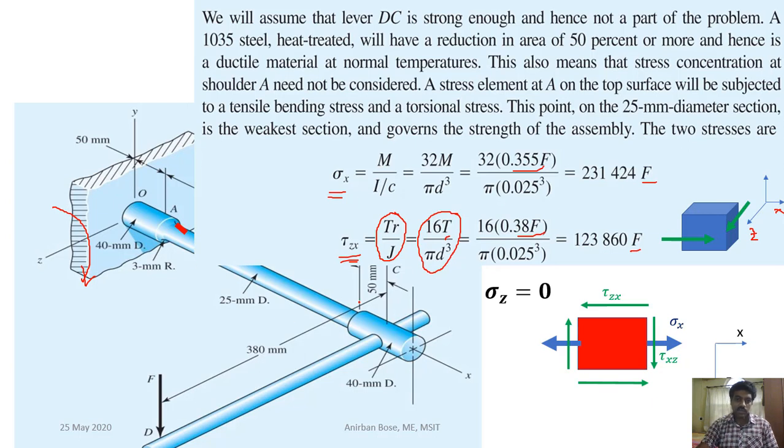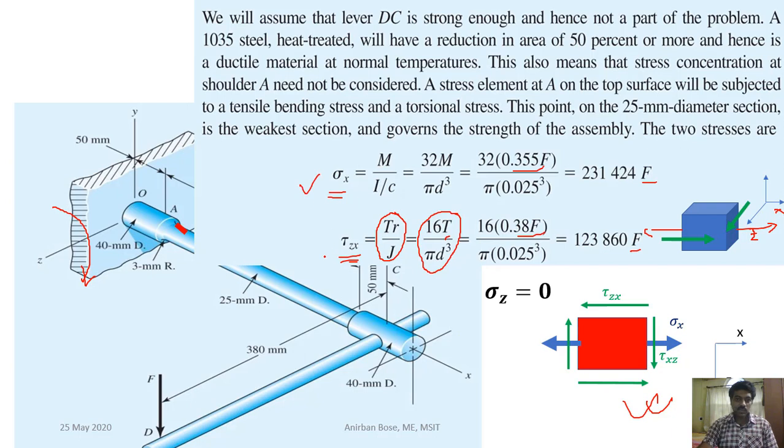Because of this torsion, the shear will act in this plane in this direction, so definitely on the other side, to balance it, it will act in the opposite direction. Now normal stress will act in this direction, that is clear. Now if you flip it, that means if you just put this particular zx in this, then this will be in this direction. Okay, I think this picture is now clear to you.